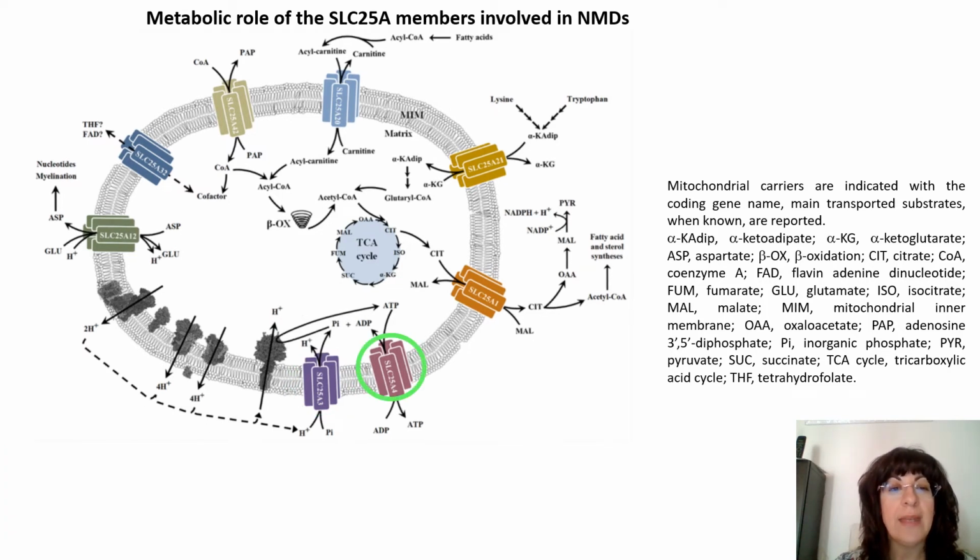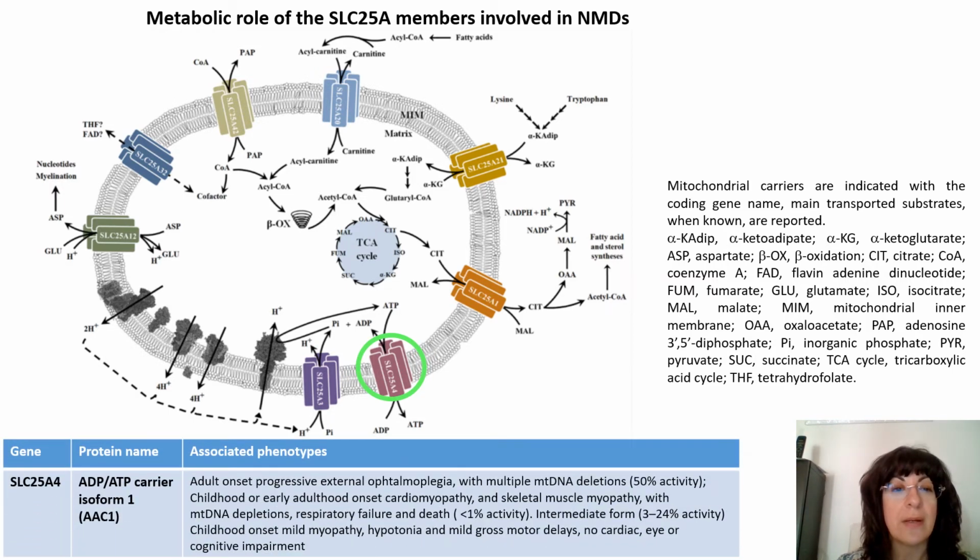Here is the ADP/ATP carrier, which translocates cytosolic ADP in exchange for mitochondrial ATP. So this carrier is involved in ATP production and balance of nucleotide pools. Mutations affecting the activity of isoform 1 of this carrier are implicated in 4 different associated phenotypes.